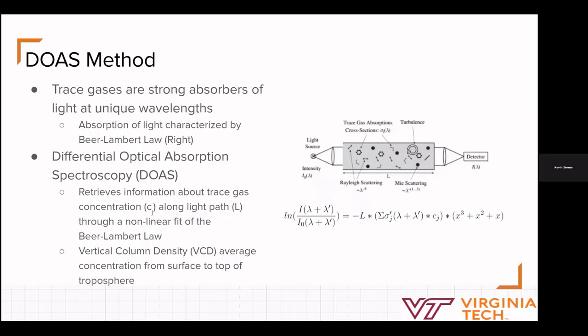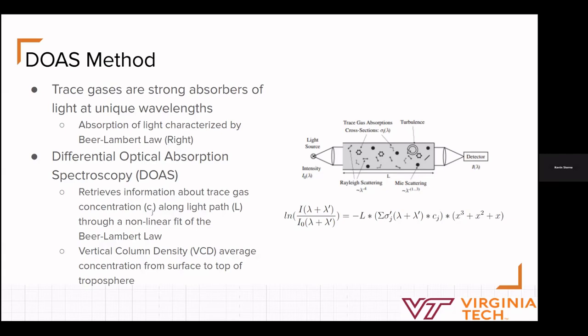One popular method of these types of measurements is known as differential optical absorption spectroscopy, or the DOAS technique. The basic operating principle of DOAS is to not directly measure these trace gases themselves, but to measure the absorption of light as it passes from its source to a detector, and determine how much of that light has been absorbed along this specific path.